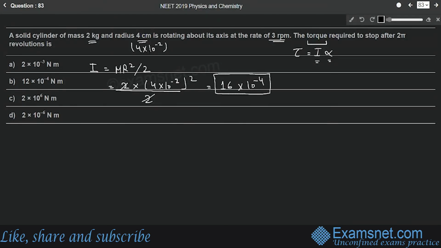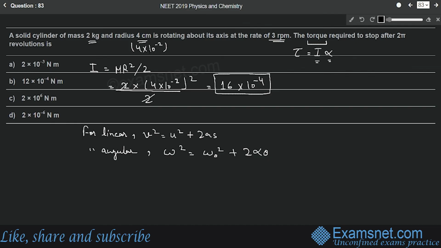Now we have to calculate angular acceleration. We know that for linear motion, we use the expression v square equals u square plus 2as. Therefore, for angular motion, we can use the similar expression omega square equals omega naught square plus 2 into alpha into theta.